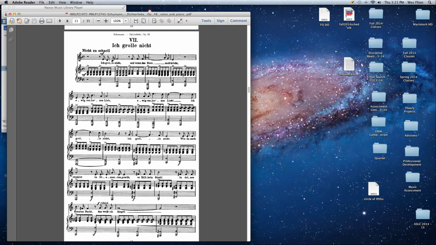So what Schumann has done here, and anytime you're dealing with mode mixture, this is essentially what happens. Schumann has reached across into the parallel minor and pulled out a chord. In this case, he's pulled out the 2 chord from the parallel minor. Now, A is what scale degree in the key of C?